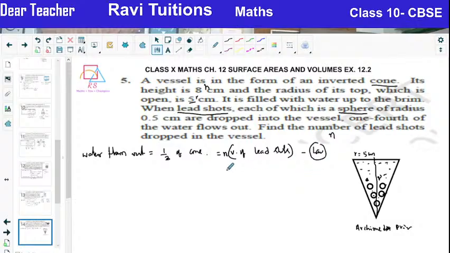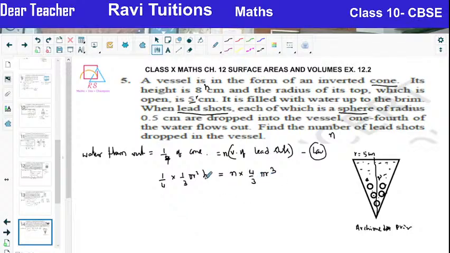Volume flown out is 1/4 of the cone, because 1/4 of the water flows out. So 1/4 into volume of cone, 1/3 pi r square h, is equal to n into volume of lead shot, 4/3 pi r cube.